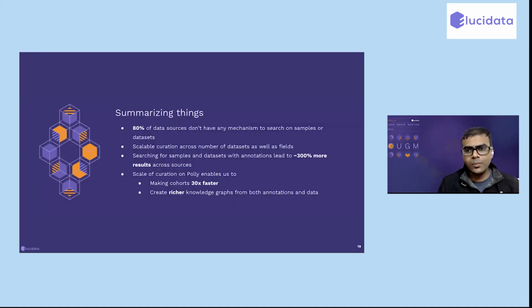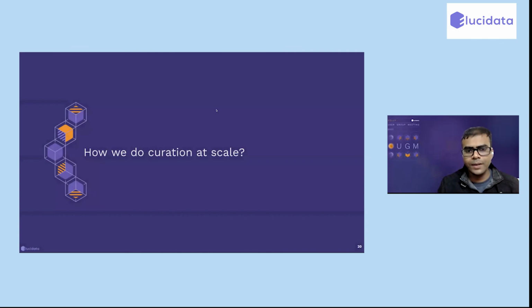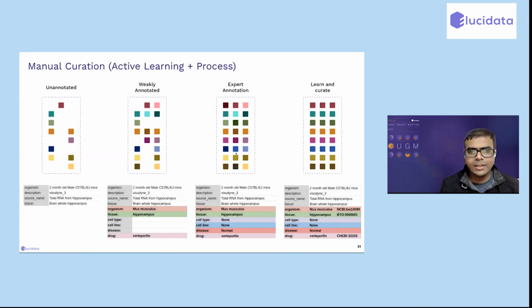So basically, what is this technology, right? And how do we do this curation at scale, right? What powers this curation? The one thing that greatly powers this is machine learning itself and pre-trained models which are self-supervised in nature.